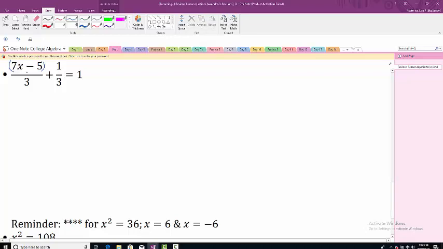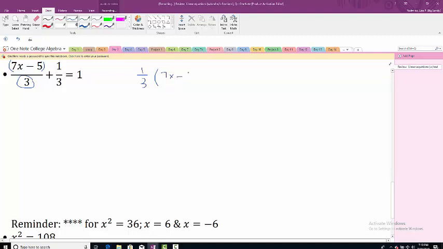But we can't do 7x minus 5 first because we have unlike terms. One way, though, to think of divided by 3 technically is 1/3 times 7x minus 5.